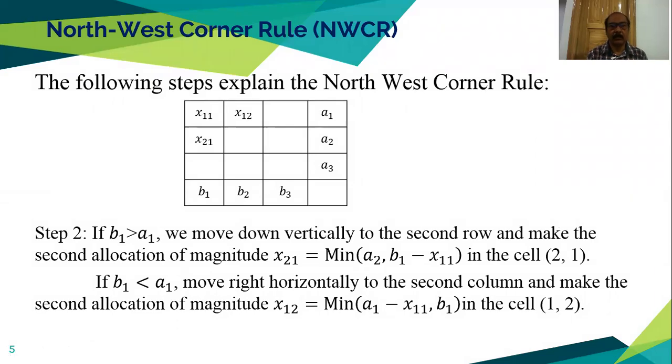Suppose we have a transportation problem with the transportation costs, with the availability with respect to the sources and the demand with respect to the destinations. Since it is the northwest corner, it means the upper left corner is the northwest. So we have to start the allocation from here. We will discuss the rules step by step.